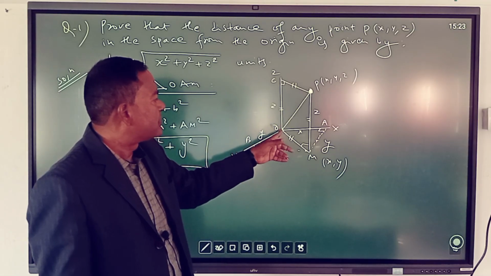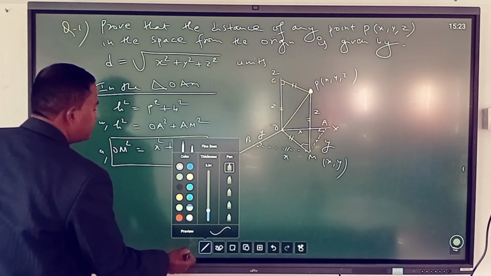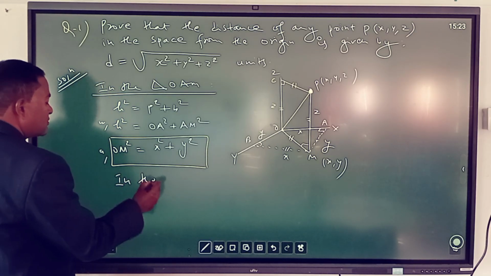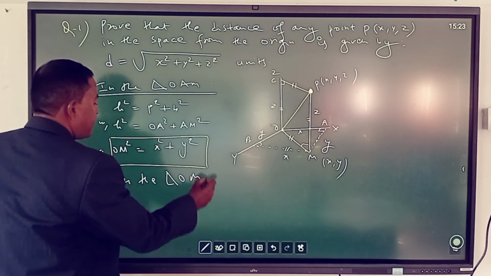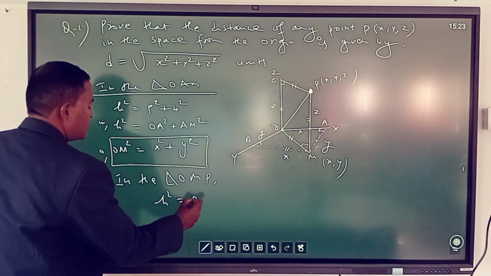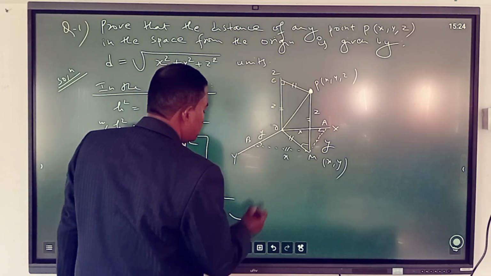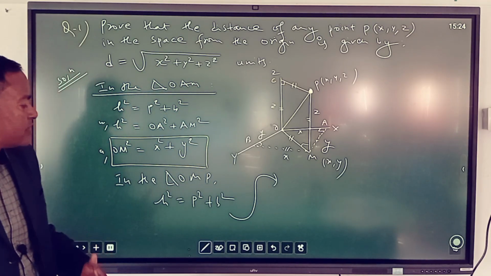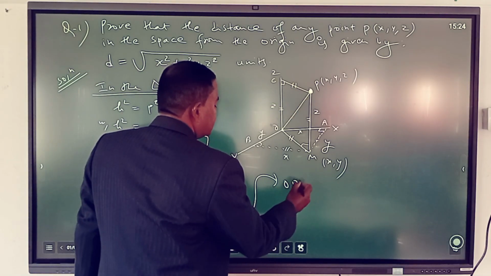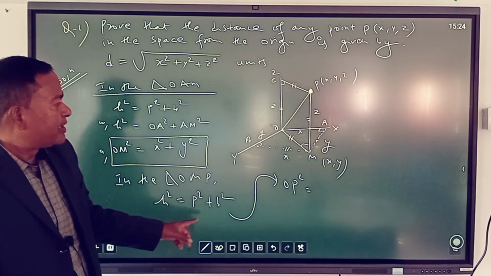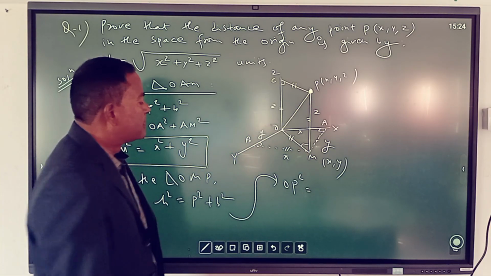So let's take the right angle triangle OMP. In the right angle triangle OMP, again using the Pythagoras theorem, let us substitute the values. H square means OP square, and let's suppose PM as perpendicular and OM as the base.